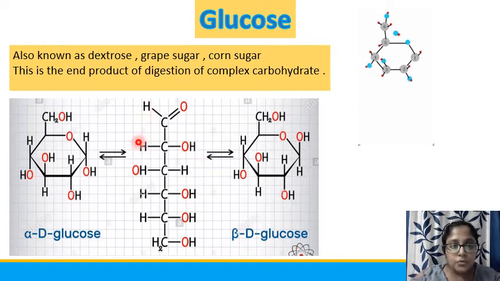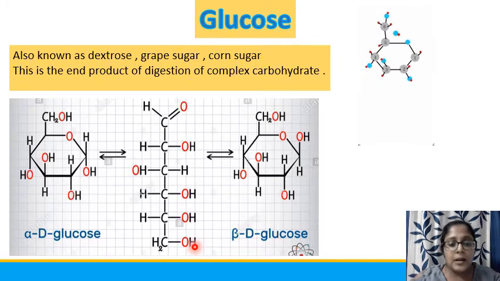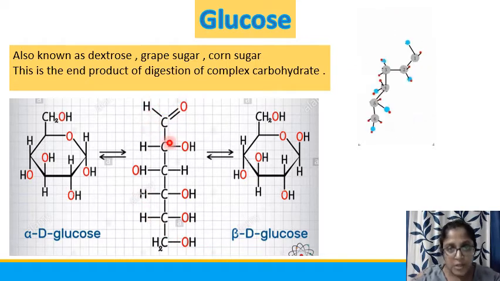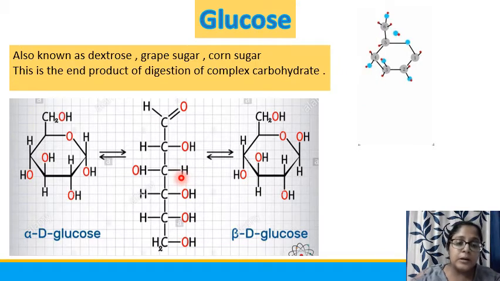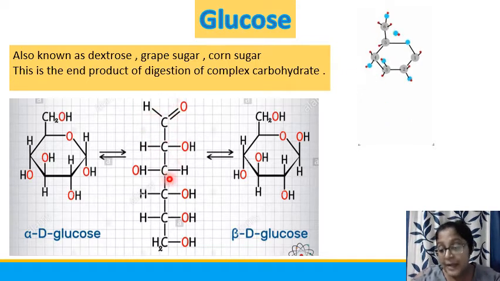So 1, 2, 3, 4, 5, 6, 7, 8, 9, 10, 11, and 12. So the formula becomes C6H12O6 for glucose. And over here we have this aldehyde group, CHO. So glucose is a compound containing 6 carbon atoms, and basically it has an aldehyde group.